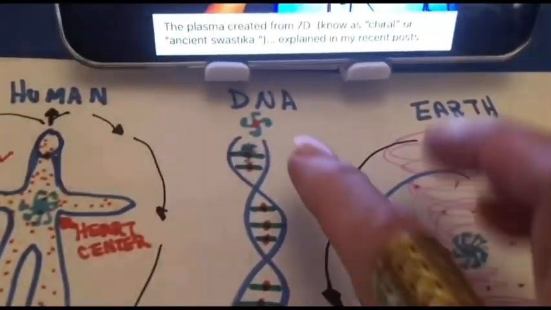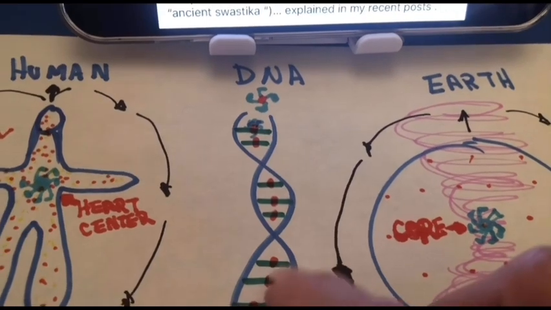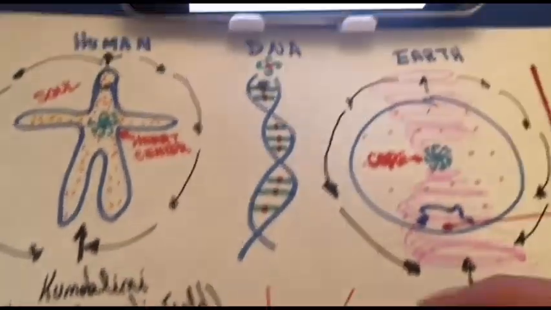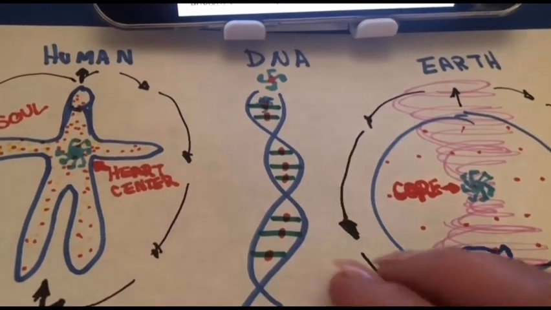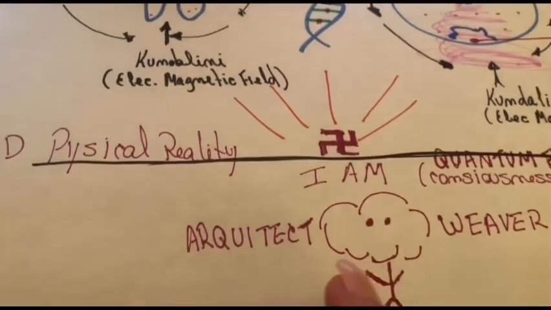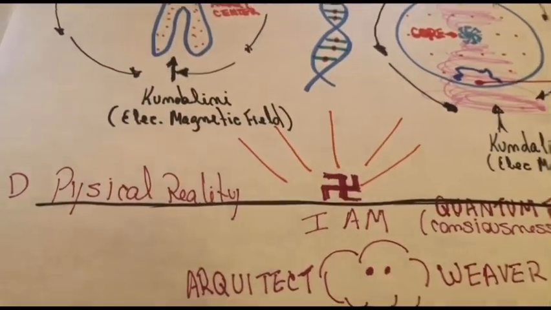So if we go inside a DNA, in the middle of the strand, you have these little portals, which is this, the chiral, the creation. It's the bleeding point between the quantum field and the physical reality.